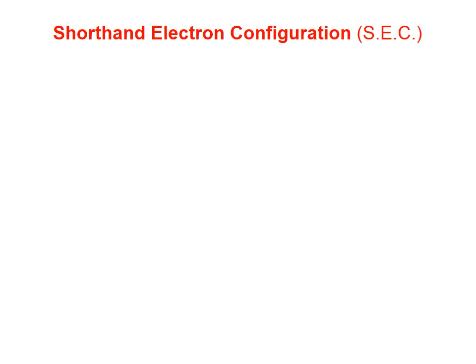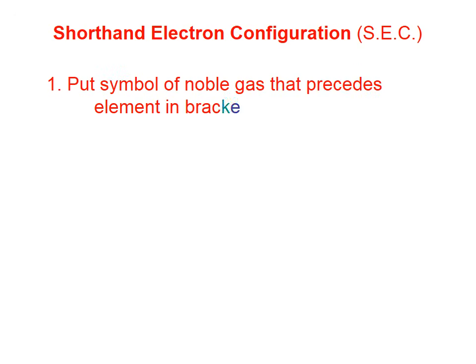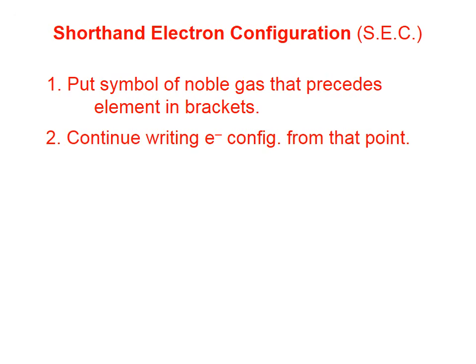The shorthand electron configuration is written using these rules. First, you put the symbol of the noble gas that precedes the element, and you put that symbol in brackets. And then you continue writing the electron configuration from that point until you're done.